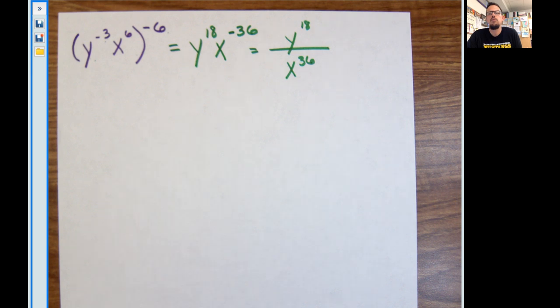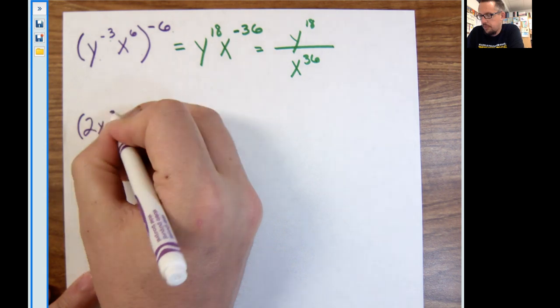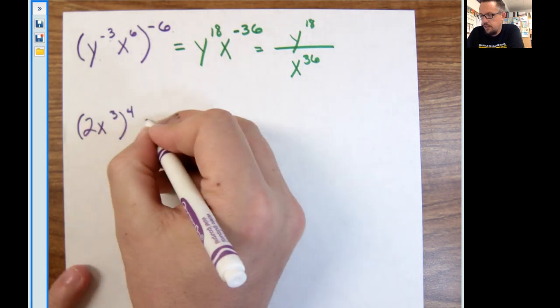I can't reduce that because one of them's an x and one of them's a y. If they were the same variable, I could probably do some work, but they're not, so I can't. Sorry, kids, I don't make the math rules. Sometimes no is the answer.